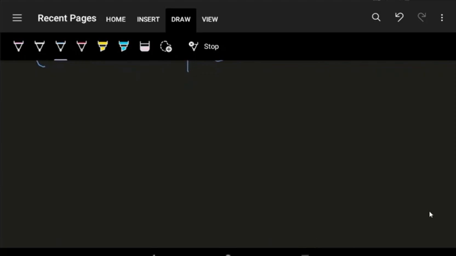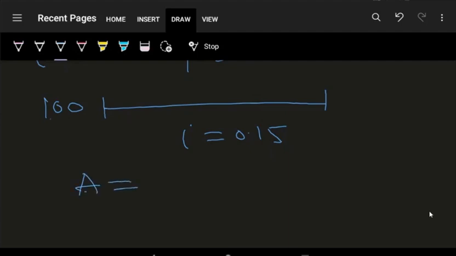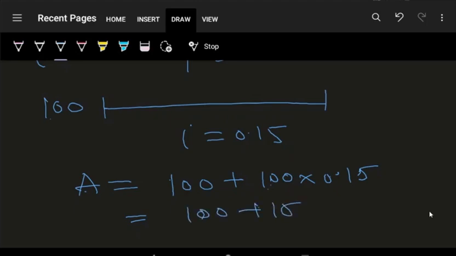Similarly, the accumulated amount can also be calculated using the interest rate. For example, I had 100 rupees at the start of the year and I have to calculate the accumulated amount at the end of the first year. I know the interest rate is 0.15, so the accumulated amount, which can be denoted by A, can be calculated as 100 plus 100 into 0.15, that is my interest. So 100 plus 15 equals 115.